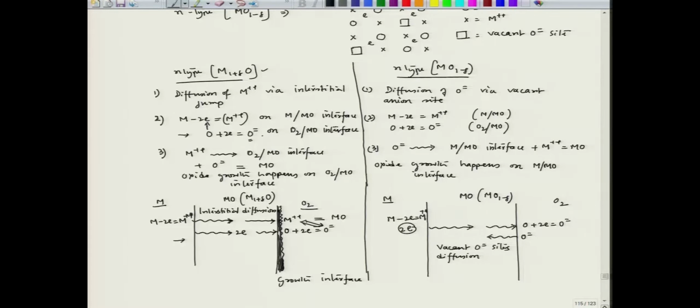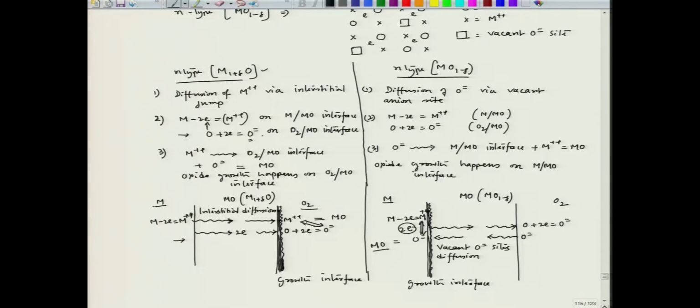So, now this oxygen ion will come here and combine with the cation and form a metal oxide. That means here the oxide growth happens on this interface, so this is the growth interface.